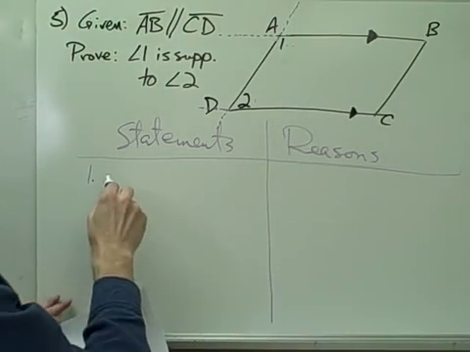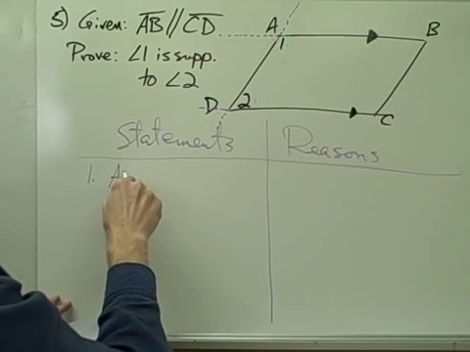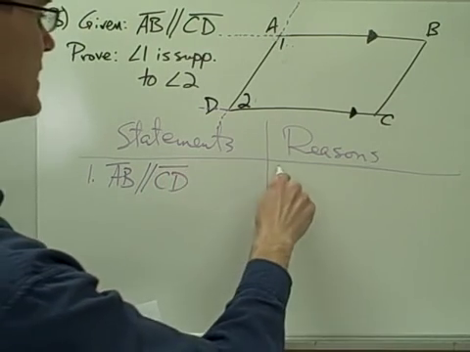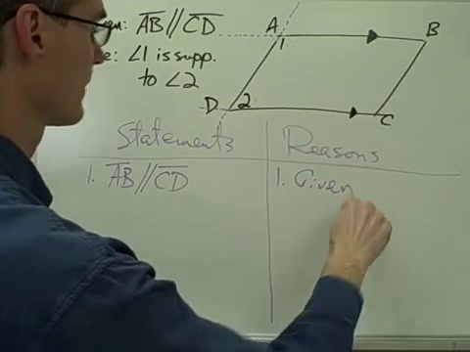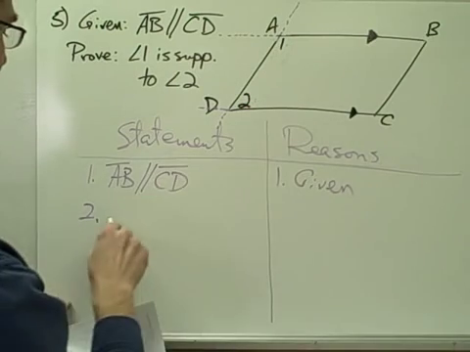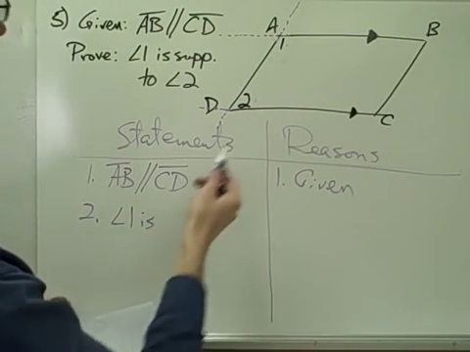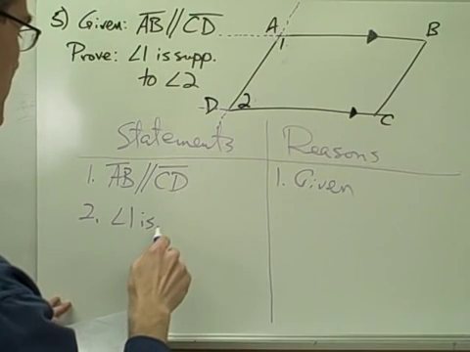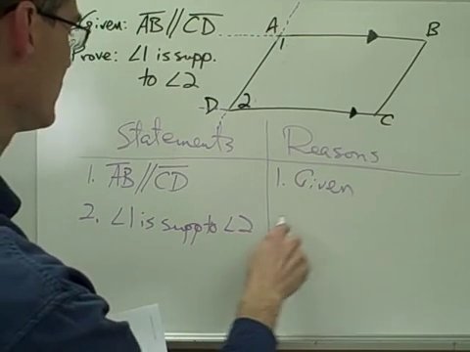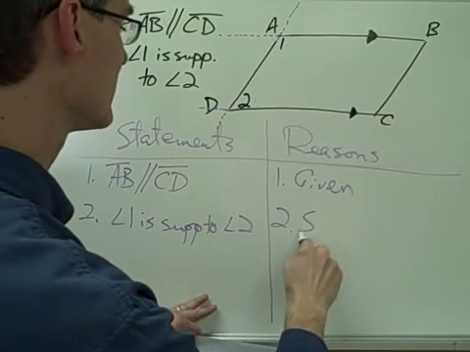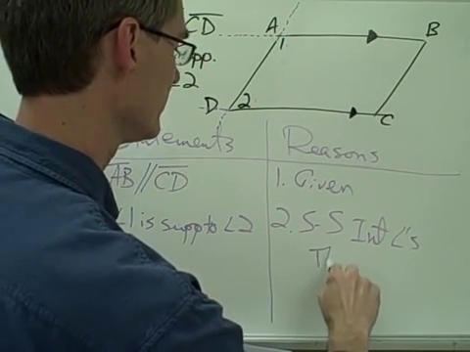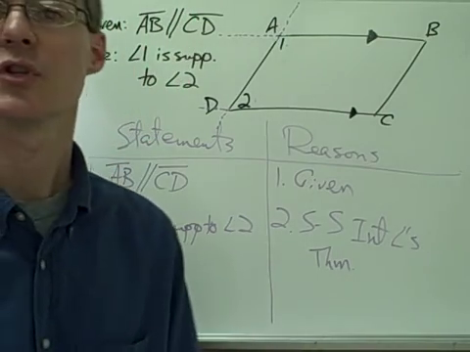So this proof is going to be, step 1, I start with my given information. AB is parallel to CD. That's given. Since AB is parallel to CD, and since angle 1 and angle 2 are same side interior angles, I know angle 1 is supplementary to angle 2 because of the same side interior angles theorem that we just proved.